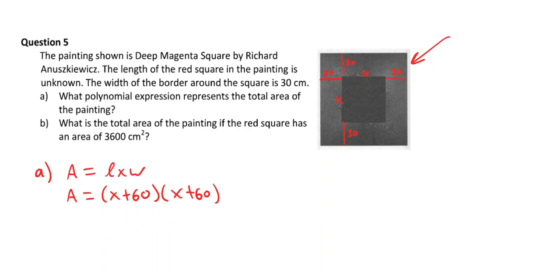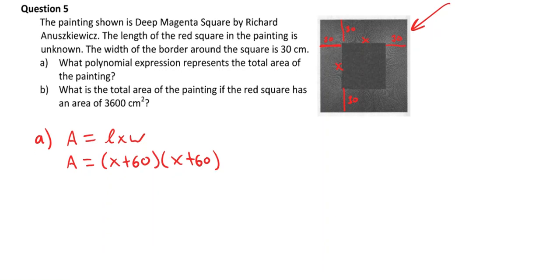So now it says, what is the total area of the painting if the red square has an area of 3,600 centimeters squared? Well, you know what, I don't think I finished this last one either. We could leave it this way, it'd be fine, but typically polynomials are written expanded. So let's expand it, using what we've learned already.